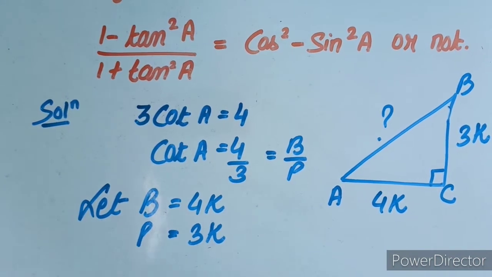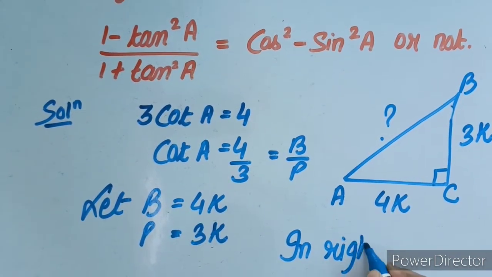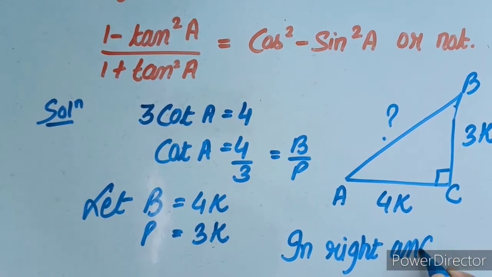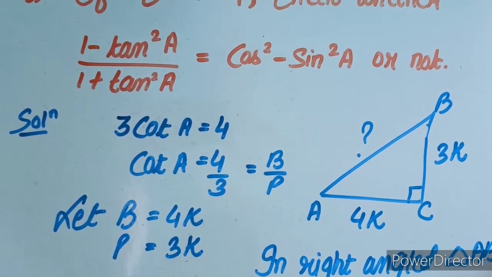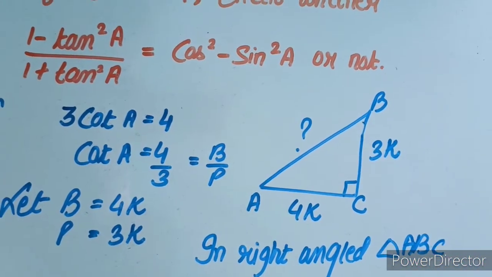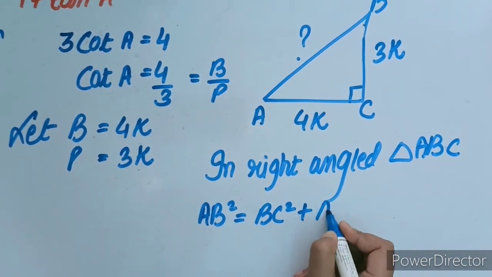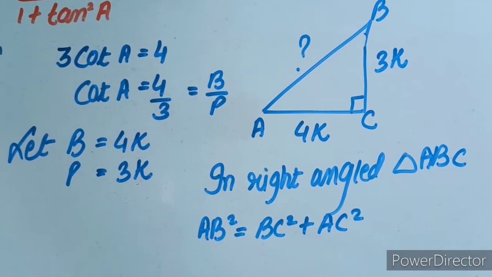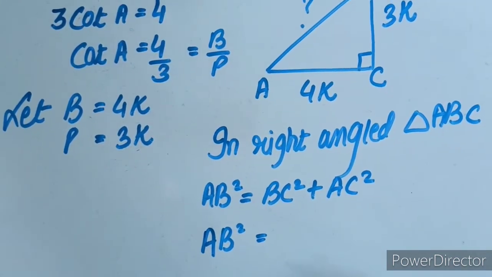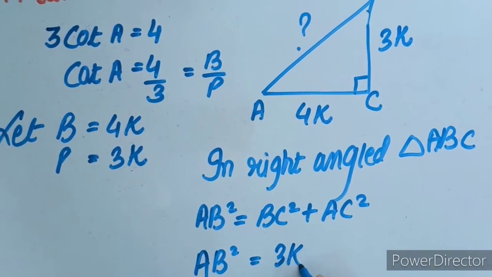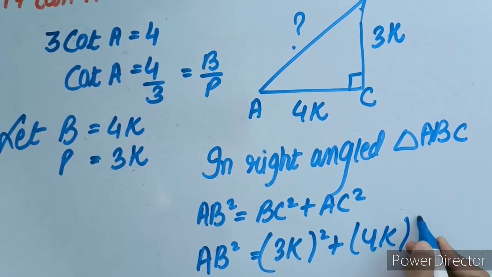So in right angle triangle ABC, AB square is equal to BC square plus AC square. Correct? We don't know the value of AB, just we are writing over here. The value of BC is 3k whole square and the value of AC is 4k square.